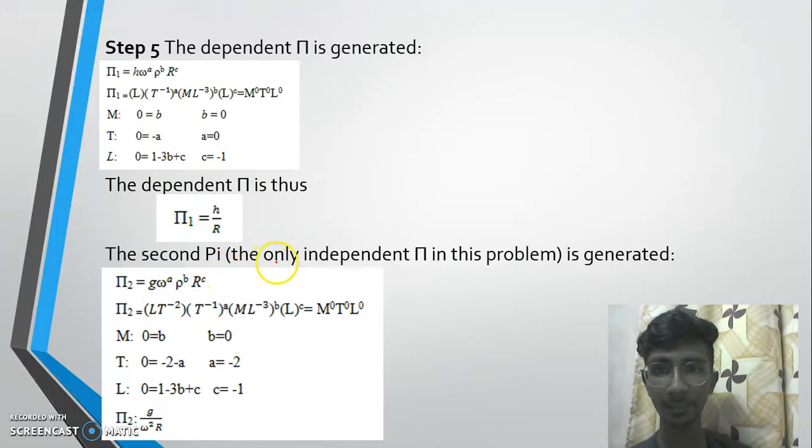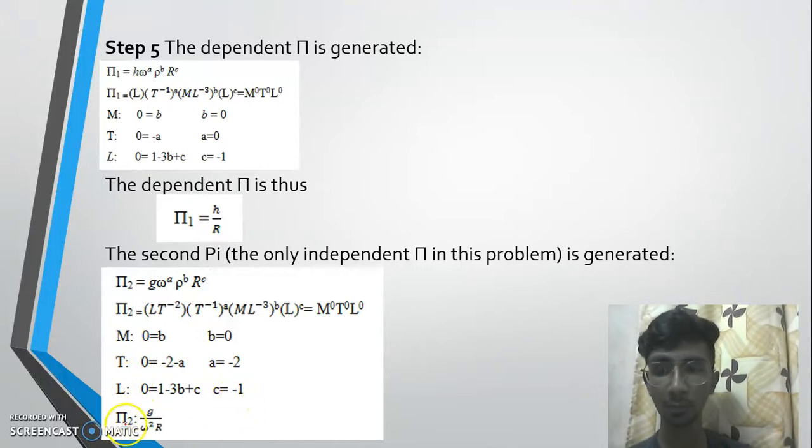The second pi, the only independent pi in this problem, is generated: pi2 equals g ω^a ρ^b R^c. So you write back all the equation, with the powers equal to 0. For mass, b equals 0. For time, you will get a equals -2. When you do simultaneous for L, you will get c equals -1.